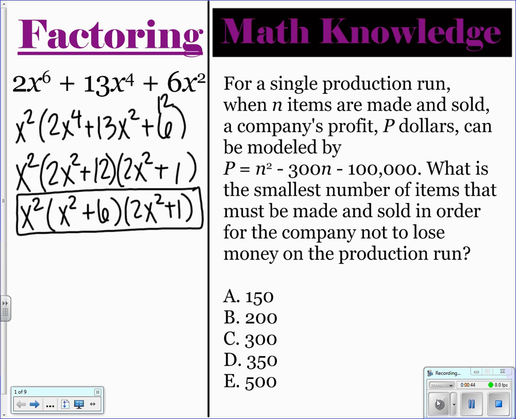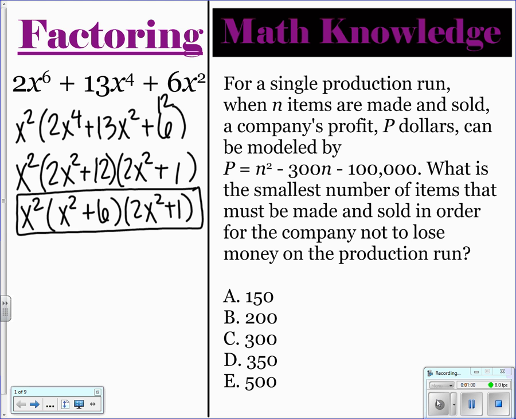For the math knowledge question, you will learn how to do this way more quickly in calculus using derivatives and maximizing and minimizing. But basically what you want to do is plug in all the numbers.